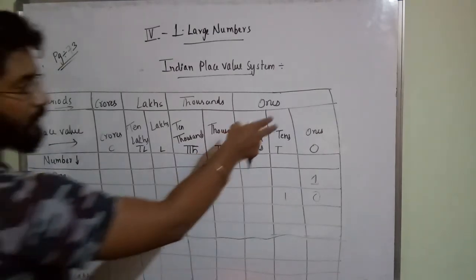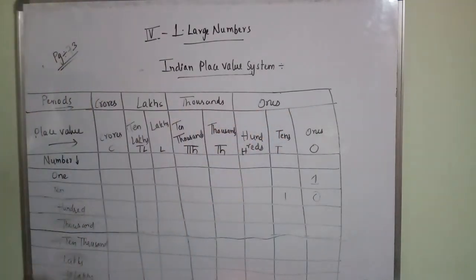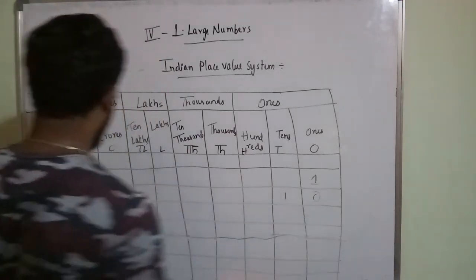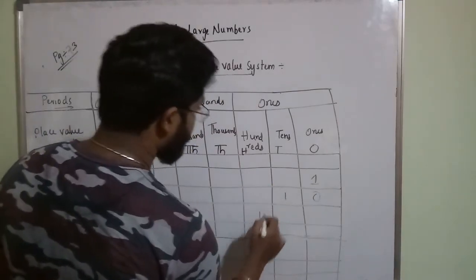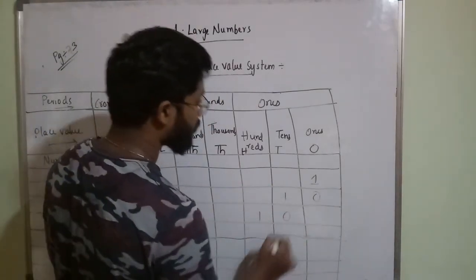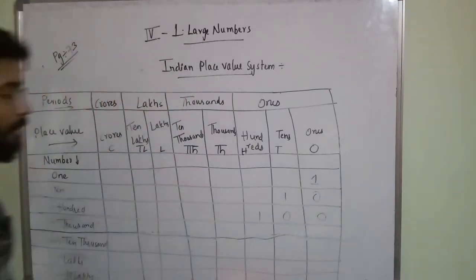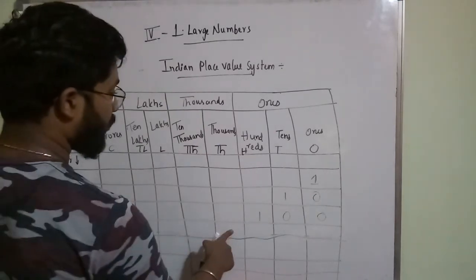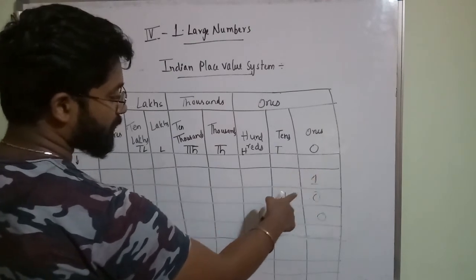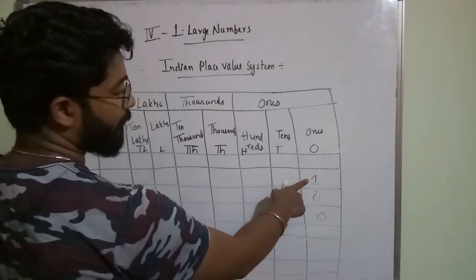So from the ones period you have to start filling. 1 I have completed. 10, 2 digit number, 1 0. 100: 1 in the hundreds place, 0 in the tens place, 0 in the ones place. Next, in the thousands place, one more digit will be added. See, here you are having one digit only.